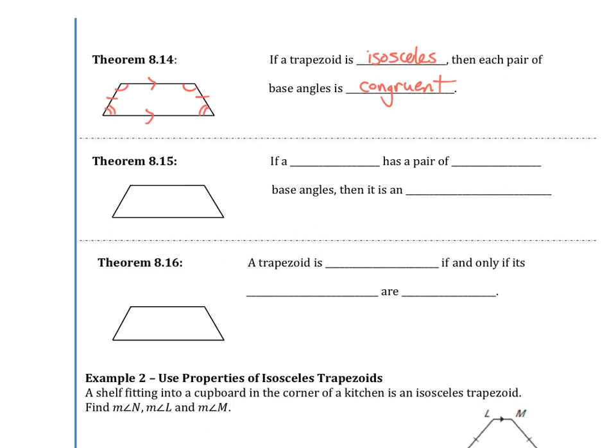Theorem 8.15 says if a trapezoid has a pair of congruent base angles, then it is an isosceles trapezoid.